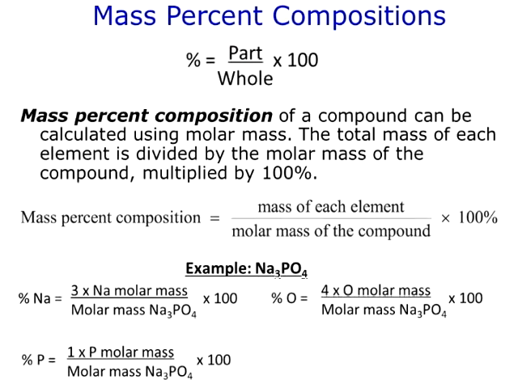For phosphorus, since we only have one phosphorus, it would be 1 times the molar mass of phosphorus divided by the molar mass of sodium phosphate, which is the exact same molar mass for any of the elements in this compound. Likewise for oxygen, in this case it would be 4 times the oxygen molar mass divided by the total mass. So again, percent composition is calculated in chemistry like you would do percent composition in anything.